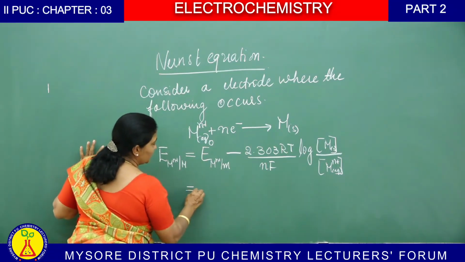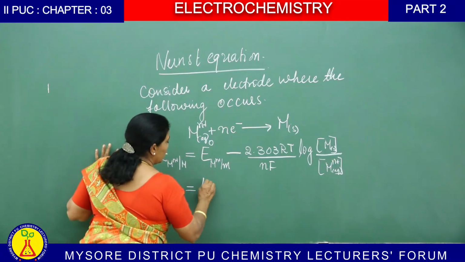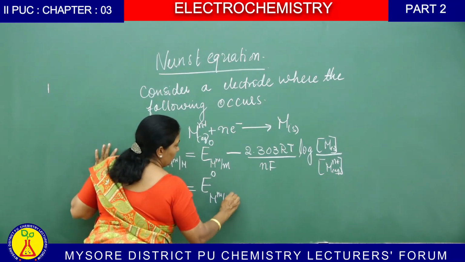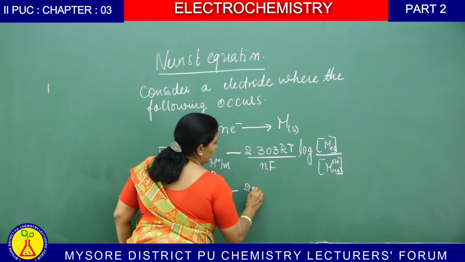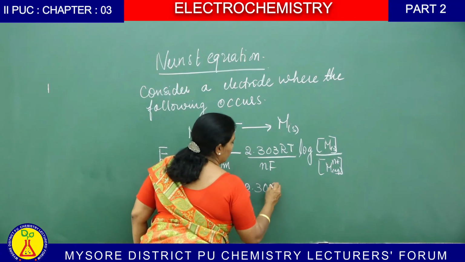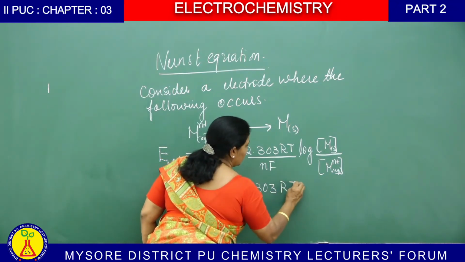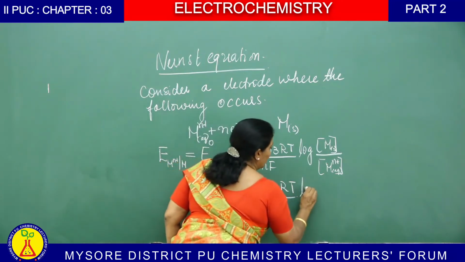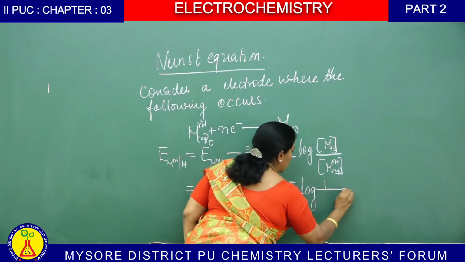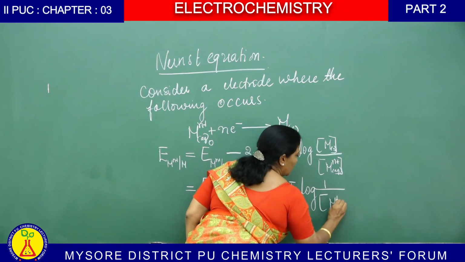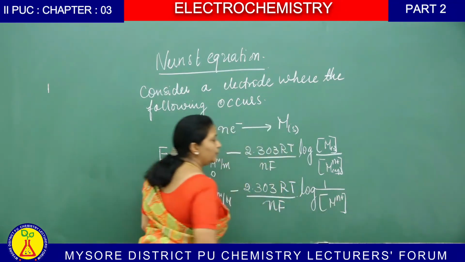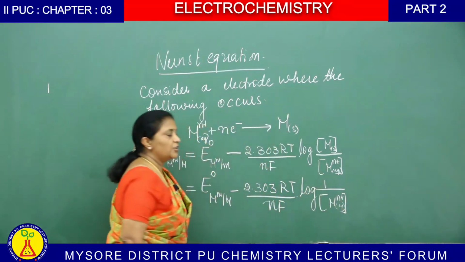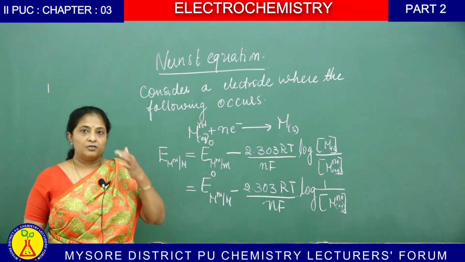Therefore, this equation can be written as E0 of Mn+|M minus 2.303 RT divided by nF into log of 1 by [Mn+], the concentration of metal ions in solution.